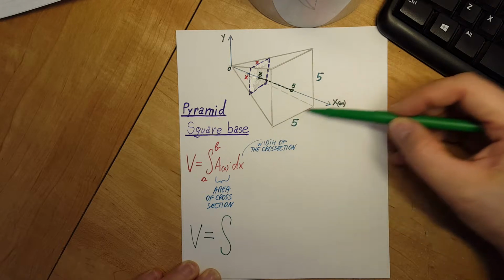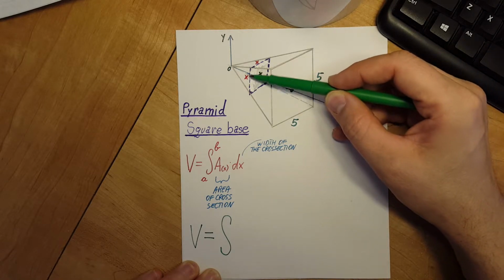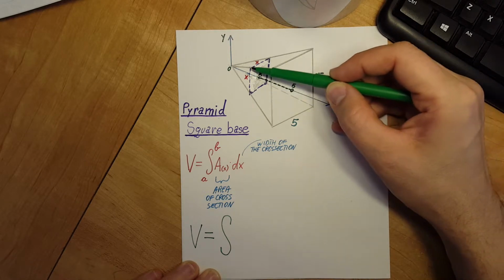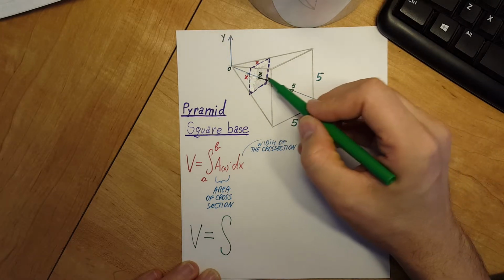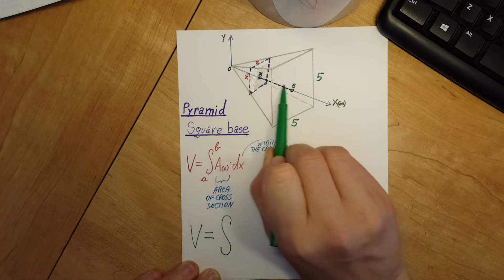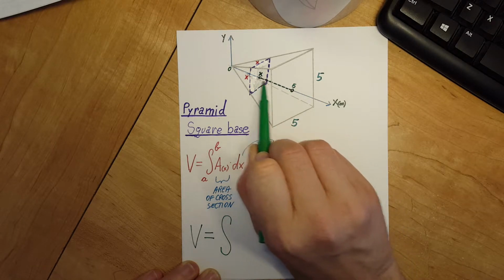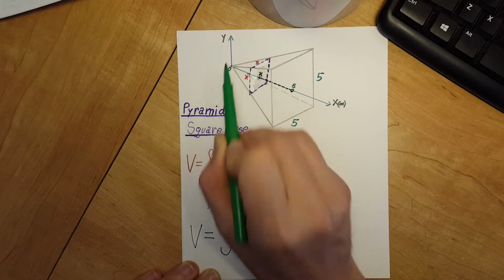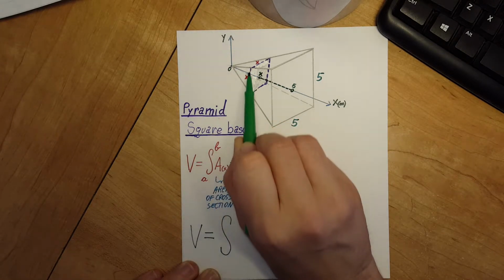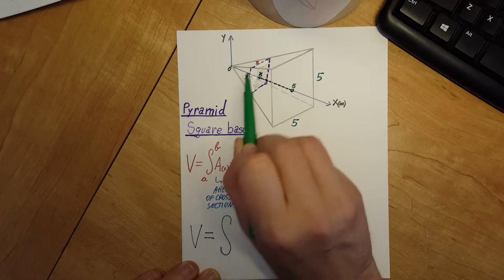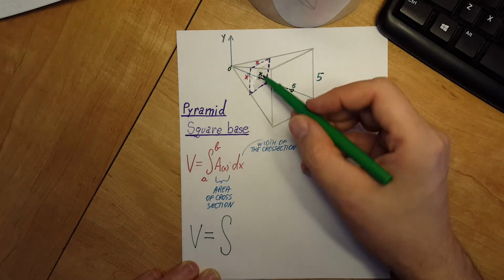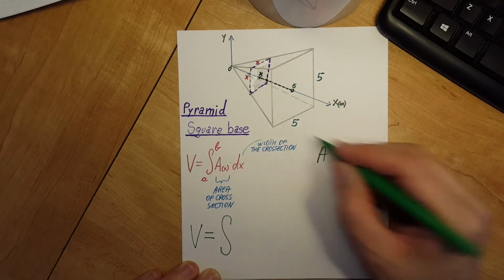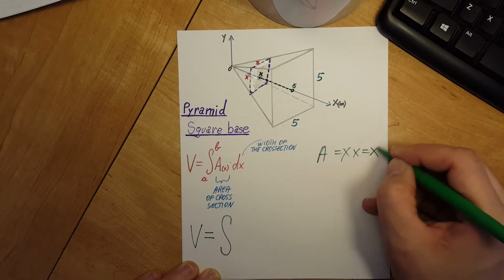The base is a square, so we're going to take a cross section parallel to this base, so therefore that's going to be also a square, and it's going to be at the height of x from the origin O, from the top, and the sides of it are going to be also x and x. So the area of a square is x times x, which is x squared.